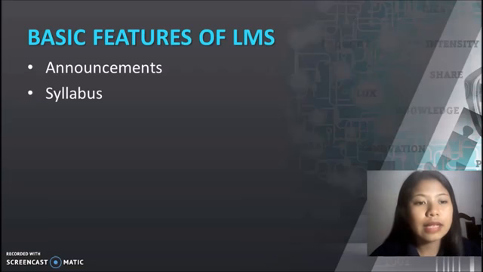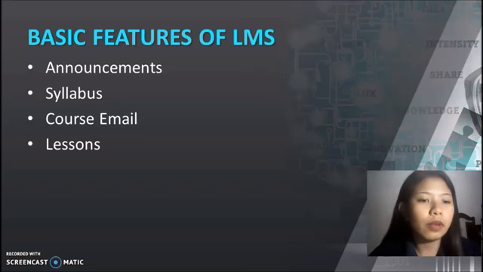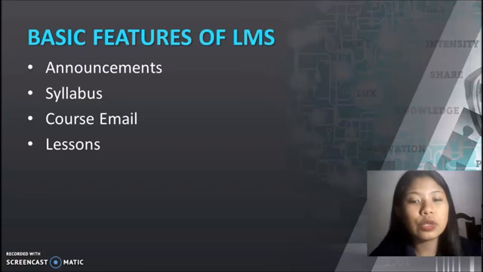Next is syllabus. Syllabus is an essential component of the course environment. Next is course email. Course email is correspondence between course members. Next is lesson. Lessons is content section usually organized by topic.